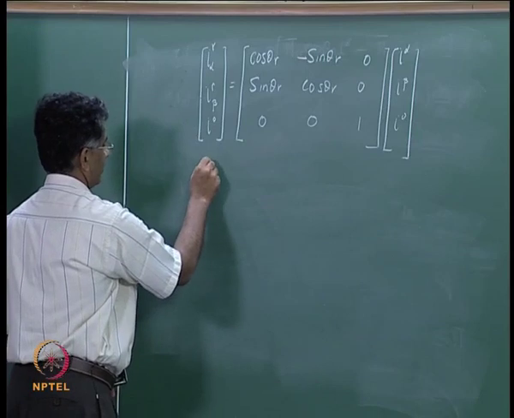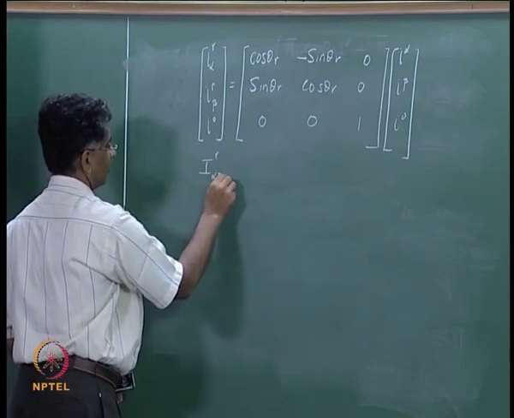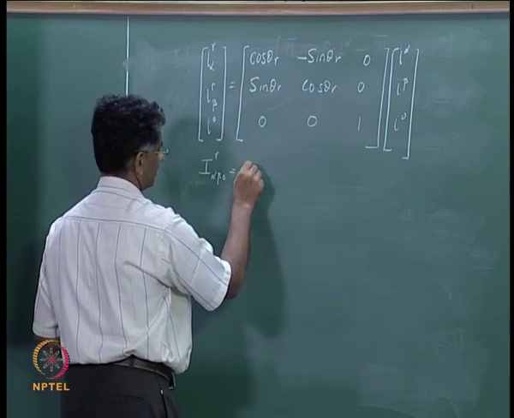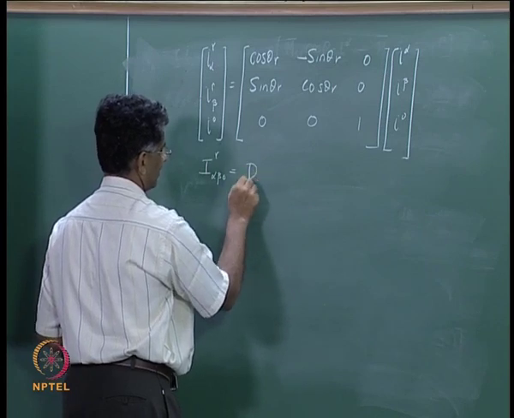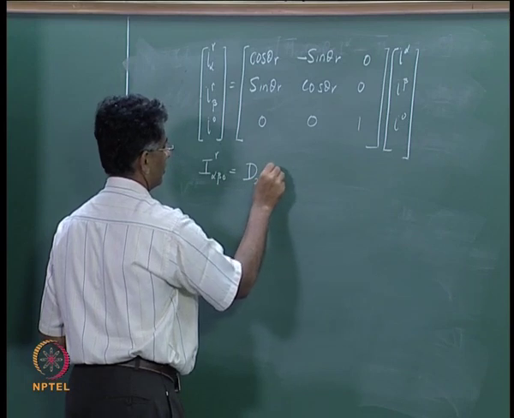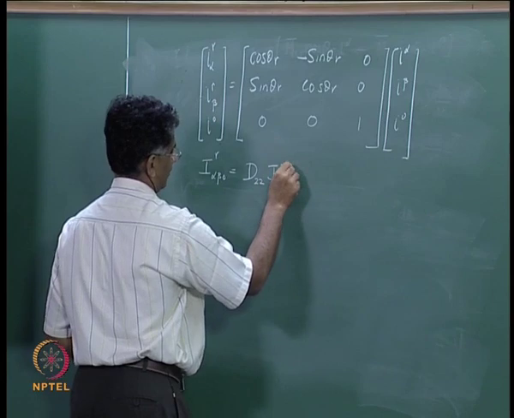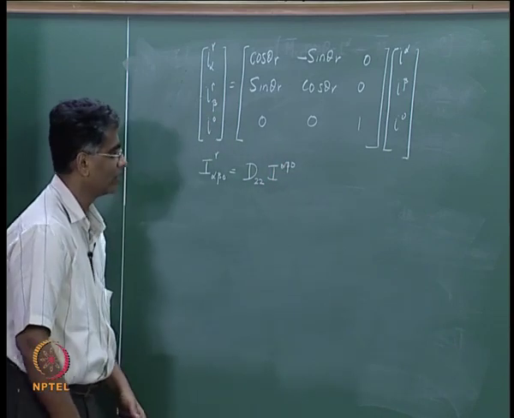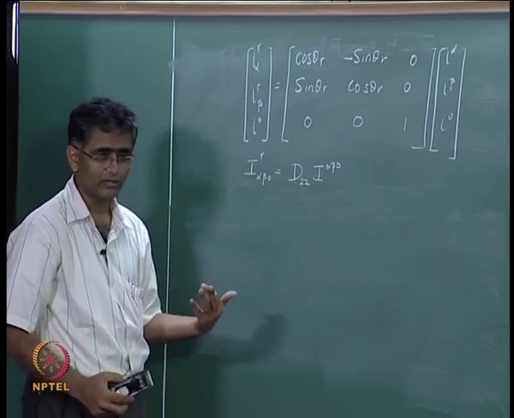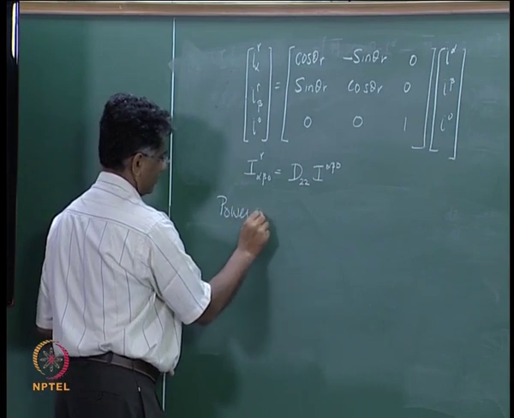So, we now have a description as I r alpha beta 0 equal to another matrix, let us call that D 2 2, multiplied by I alpha beta 0. Now, we would also like to have power invariancy here.